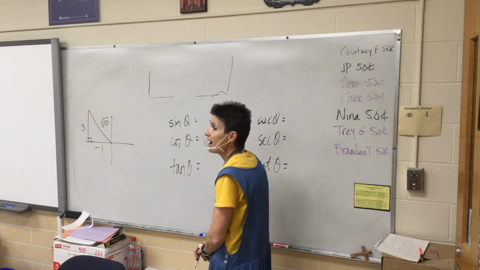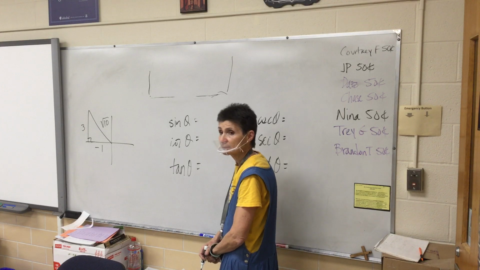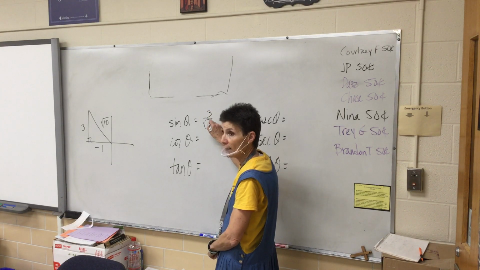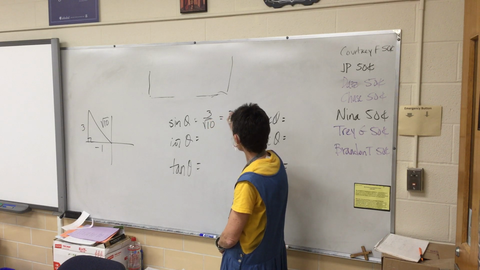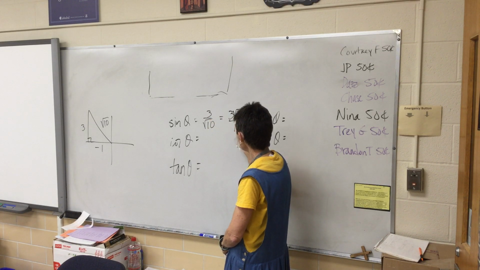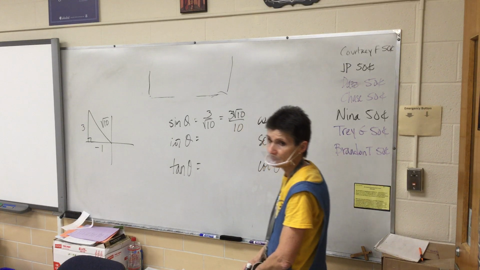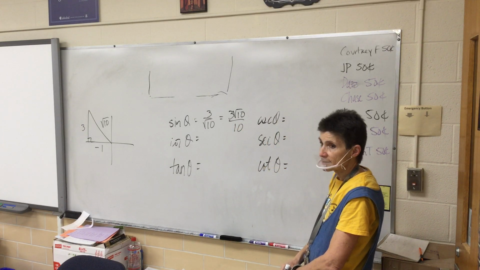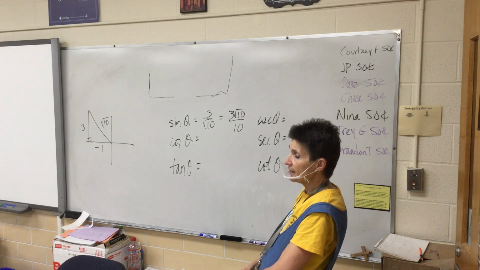So my sine is 3 over root 10, which is 3 root 10 over 10. Would you agree with that, Caroline? Okay. What's my cosine, Katie?